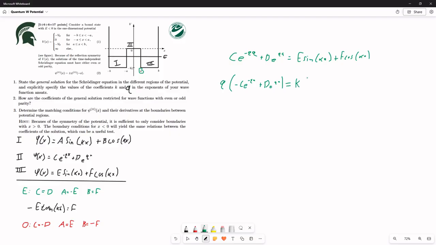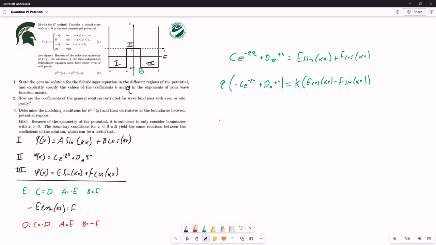So we have a k times e cosine kx, and then again cosine has a minus sign, so minus f sine of ka. And that is the matching condition for the even terms.